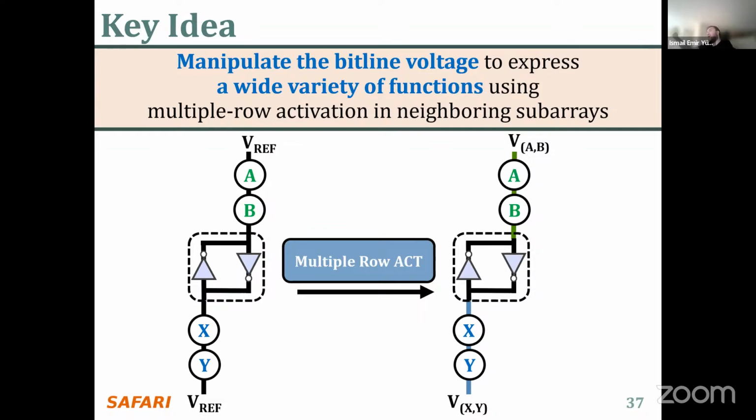So for the upper subarray, the bitline becomes the voltage function of A and B. And the lower subarray, the bitline becomes the function of X and Y. After this charge sharing ends, the sense amplifier will compare voltage in the upper bitline and lower bitline and senses towards 1 or 0, depending on the values in the cells. So that was our key idea.